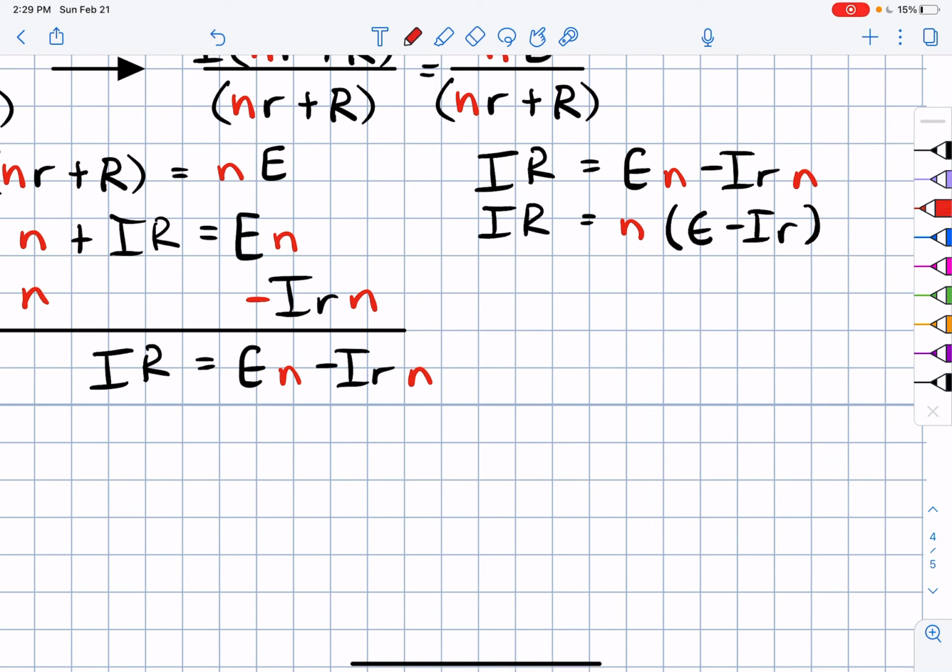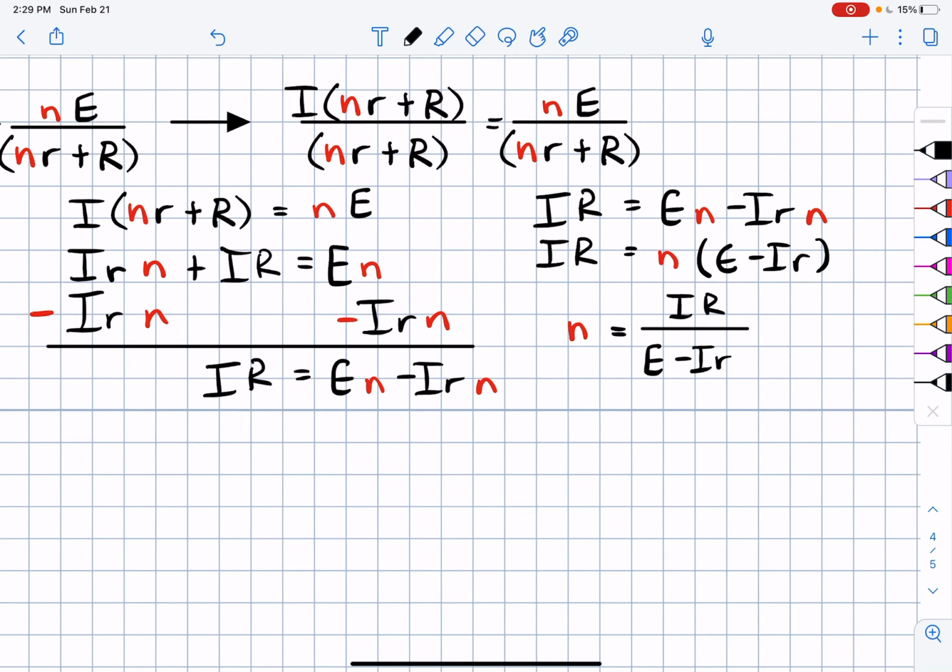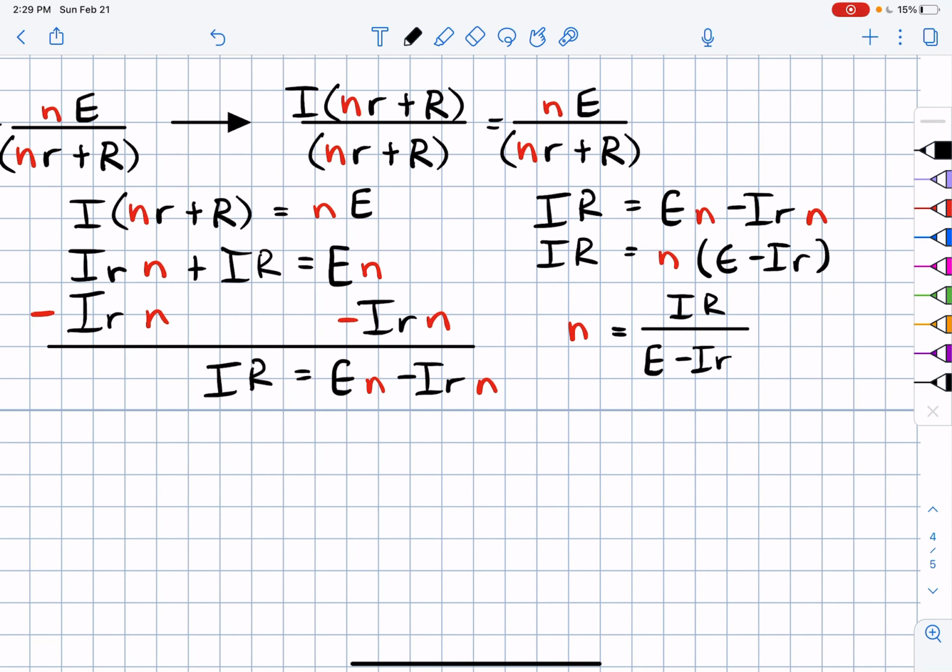So now I have n is equal to I R over E minus I R. And there you go. That is going to be choice A.